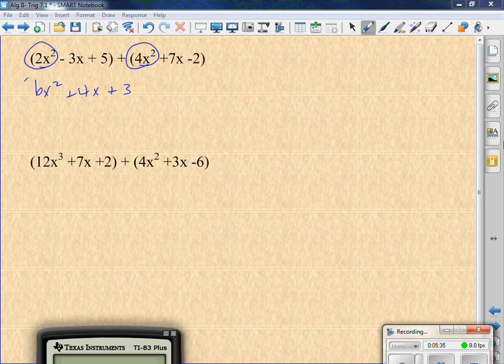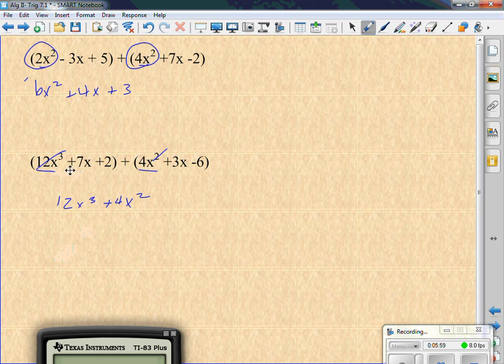All right, what's my highest degree here? 3. And that's how I'm going to start looking. I find the highest degree, and that's x cubed. Do I have any other x cubes? So it's 12x cubed. Done with that. Going down in line, x squared. The only one I have is right here, so it's plus 4x squared.